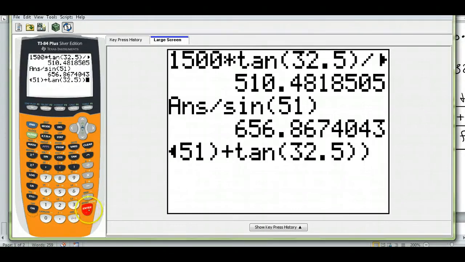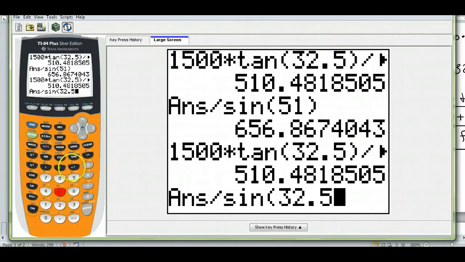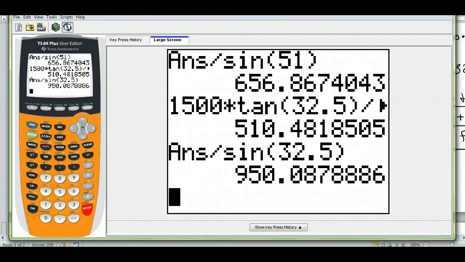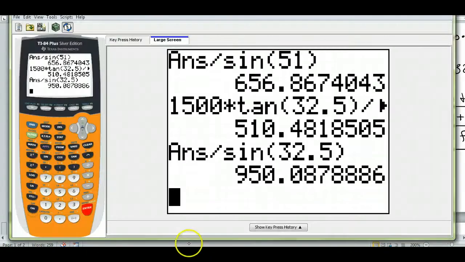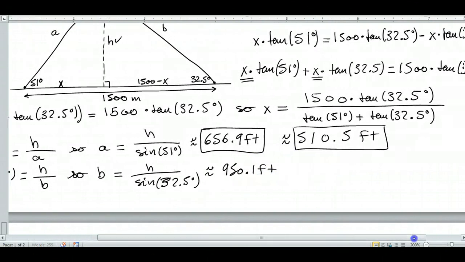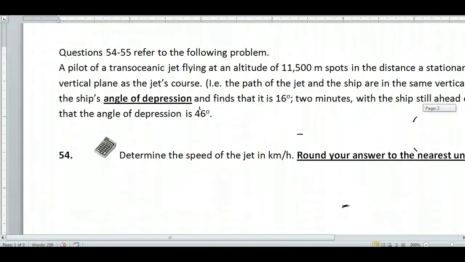Second entry, yes, that's what I want. Let me push enter and divide this by the sine of 32.5, parenthesis, and that gives us 950.1, which is what we said. Apparently something paused right here, I'm not sure why, but the second one, as I showed you right here, is 950.1. So there we go, 950.1 feet. I'm not going to circle that because that's not what I need. It's a bit tight right here space wise.